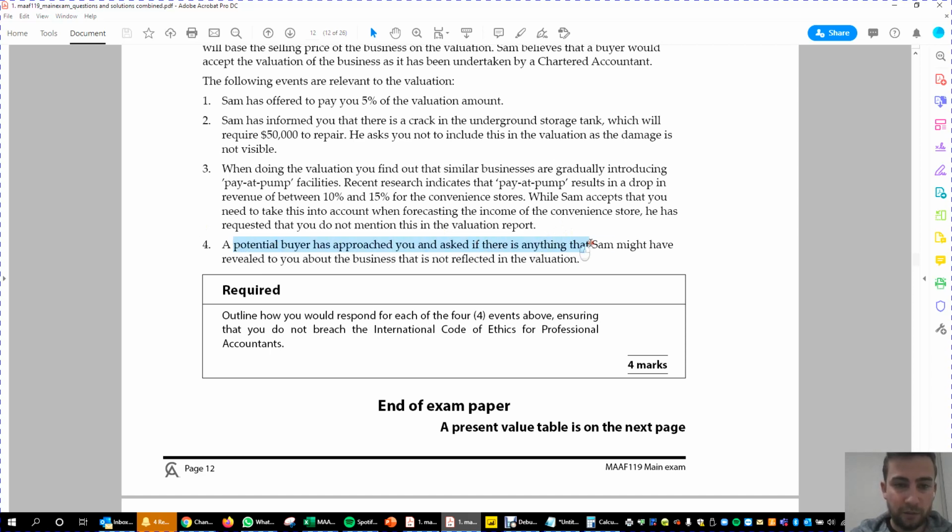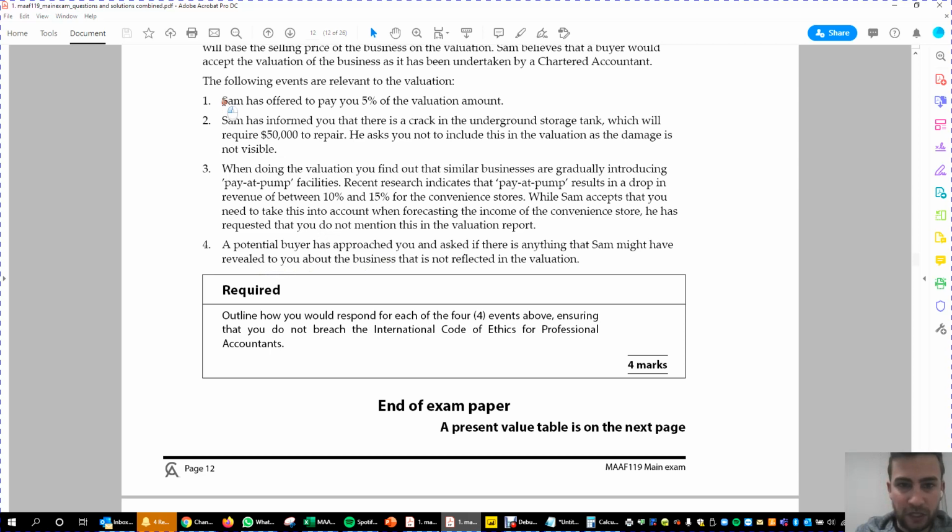And finally, number 4, a potential buyer has approached us and asked if there's anything that Sam might have revealed to you about the business that is not reflected in the valuation. So this is probably a tricky one. Your first response might be to say to them, yes, there are some hidden things in there. However, that's not actually the case.